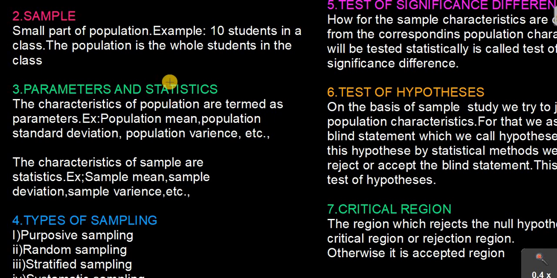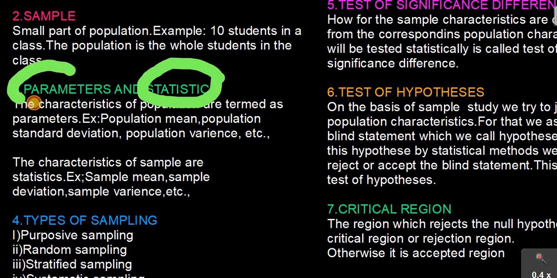So statistics is nothing but the characteristics of the samples. The characteristic of the sample is called a statistic, whereas parameters mean the characteristics of the universe.